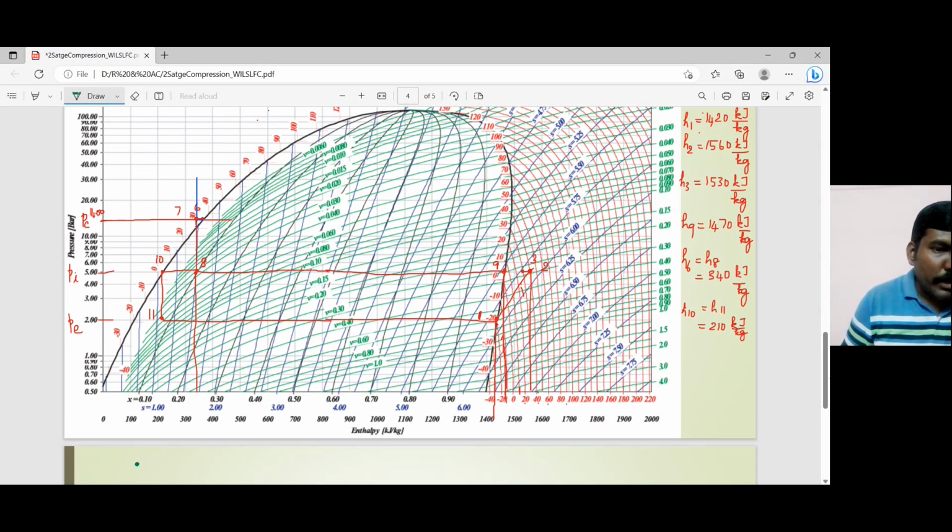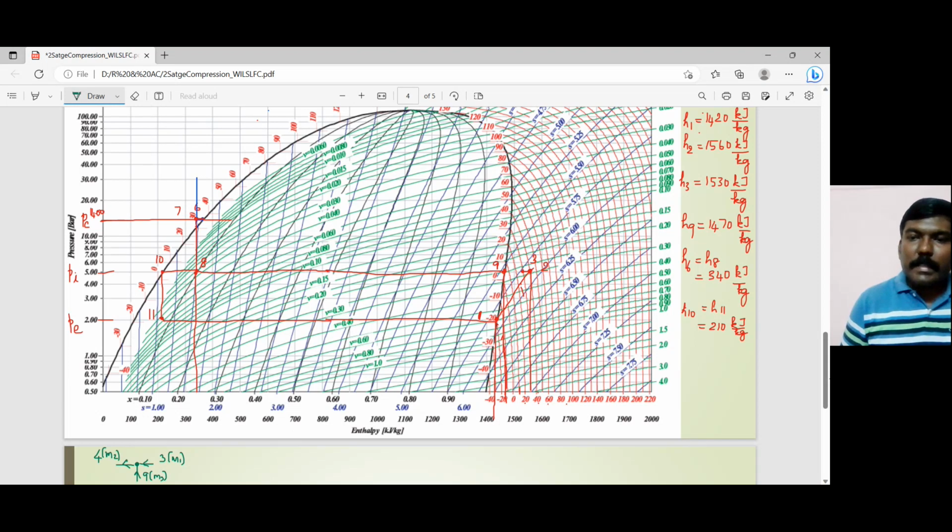I have a junction. In that junction, I have an entry at 3 with a mass M1, an entry at 9 with a mass M3, and an exit at 4 with a mass M2.